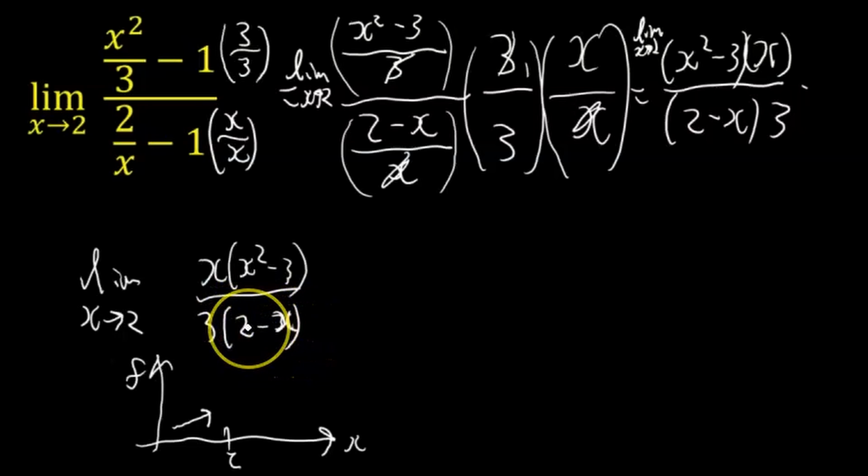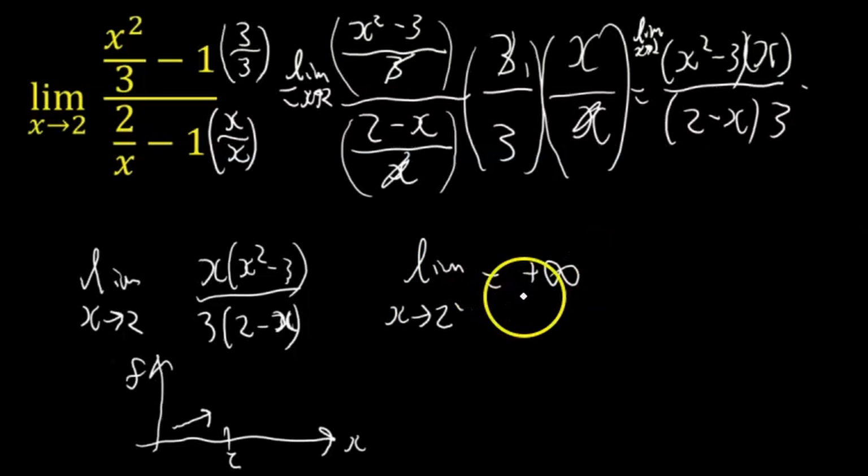So this is going to 0 from the positive value. And if this is going to 0, that means this whole function is going to infinity. And since this is positive, this whole function is going to positive infinity. So the limit as x goes to 2 from the negative side is positive infinity.